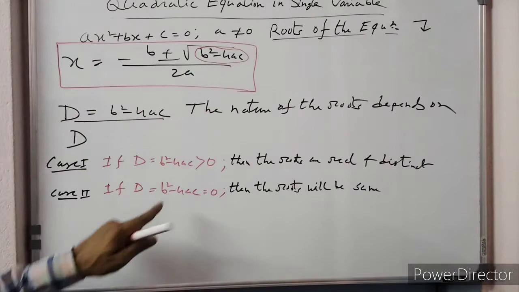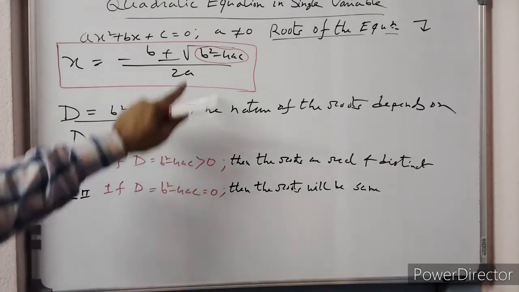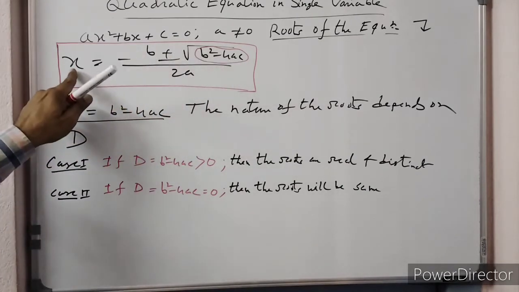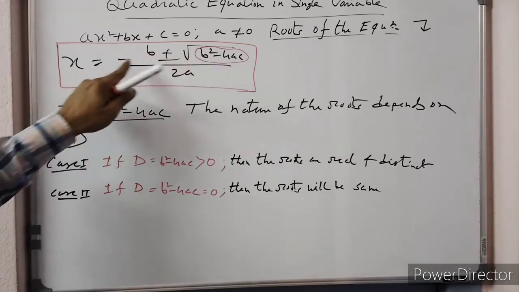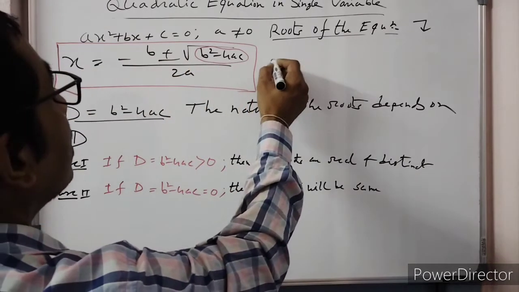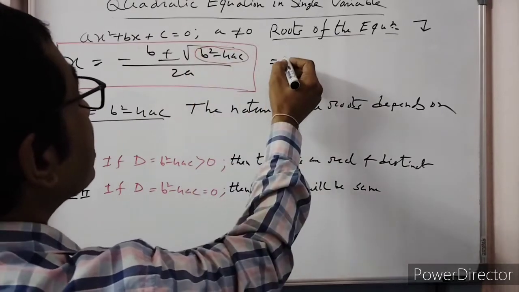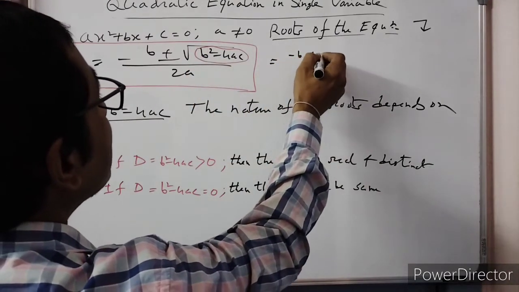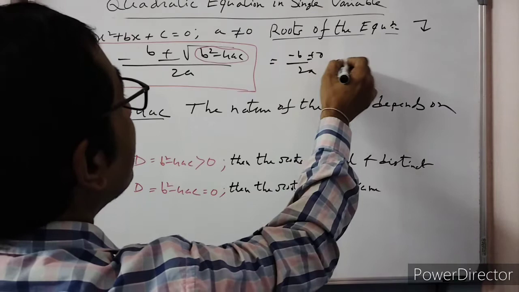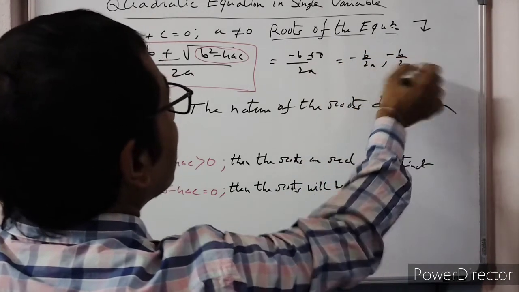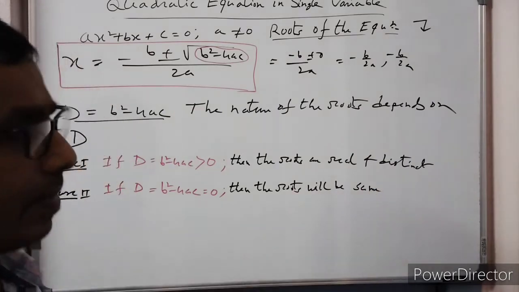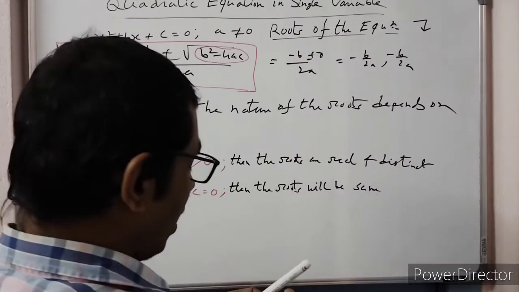Suppose b square minus 4ac equal to 0 and the radical term is 0, so x equal to minus b plus minus 0 by 2a. Therefore it will be minus b by 2a, minus b by 2a. The roots will be same, the roots will be equal.